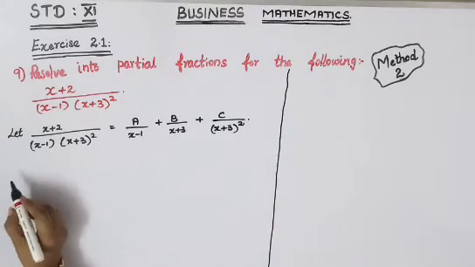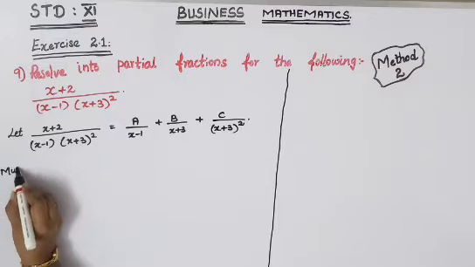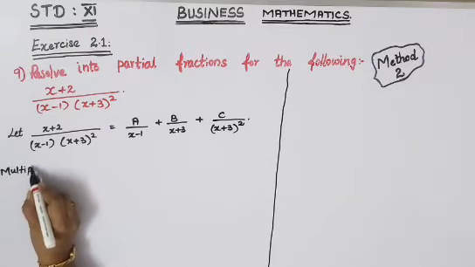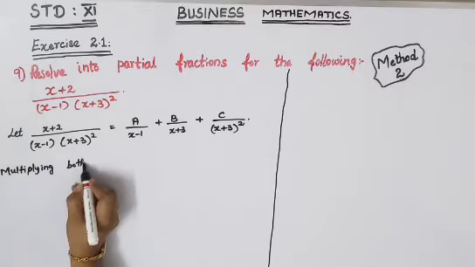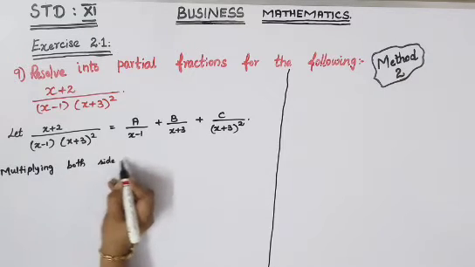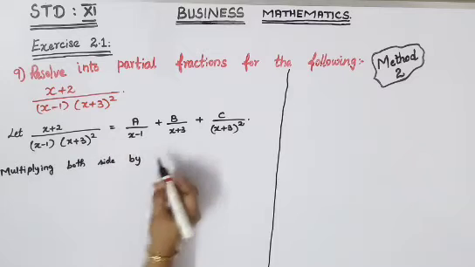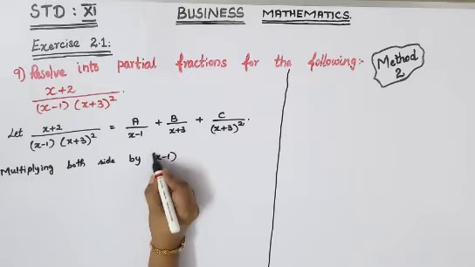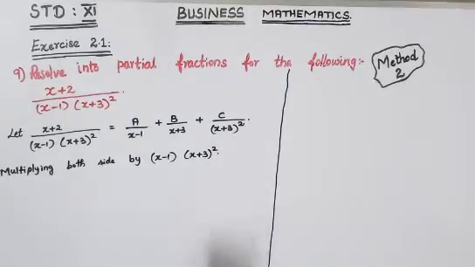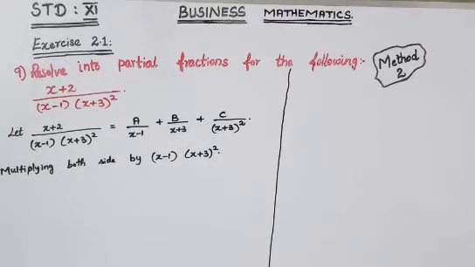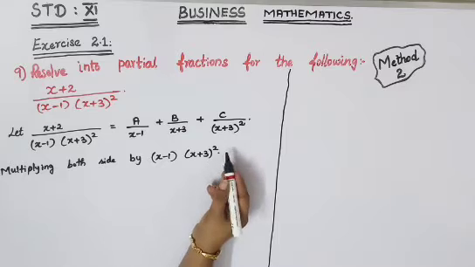So now multiplying both sides by this denominator, (x - 1)(x + 3) the whole square. So the whole thing has to be multiplied by (x - 1)(x + 3) the whole square.